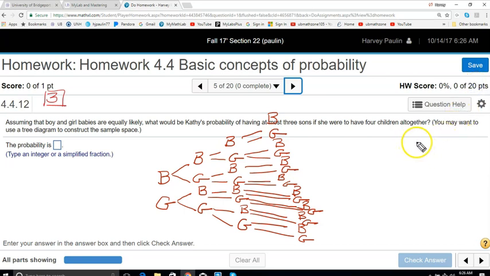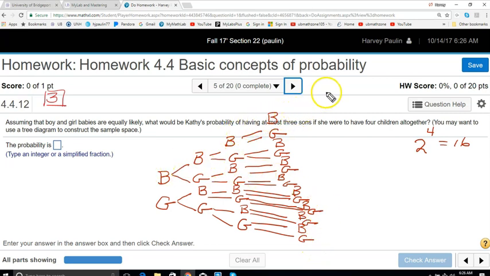Well, it's going to be a boy or girl, so there are 2 choices, and you're going to take it to the 4th child. So 2 to the 4th is going to be 16. So in your sample space, if you follow this along, you're going to get 16 possibilities.